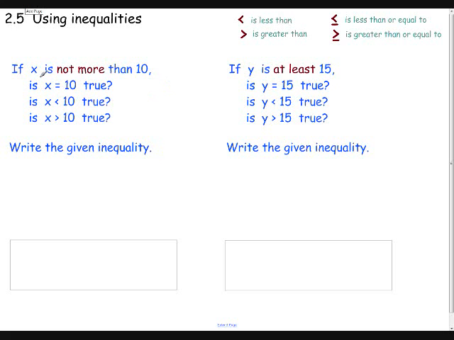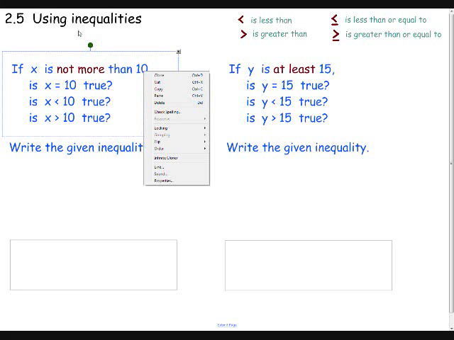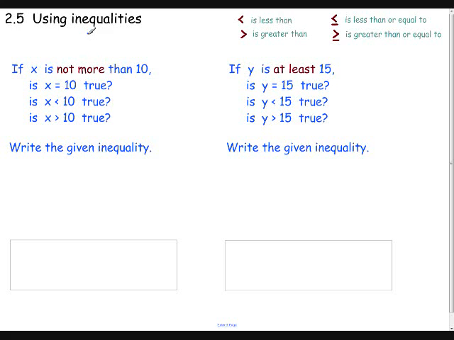Okay. If x is not more than 10, so if we were looking at a number line, and we've got 10 right there. Not more than means it could be equal to, right? But it cannot be more than 10.